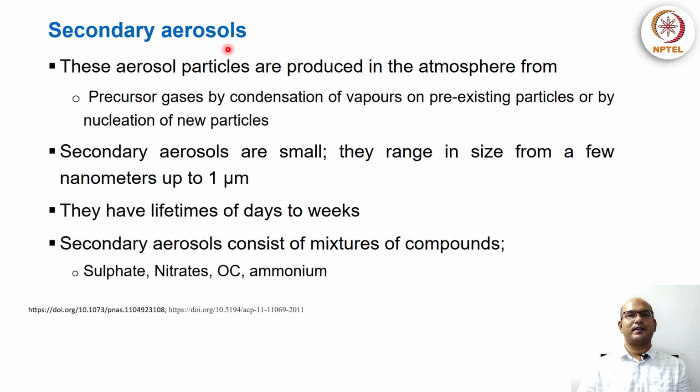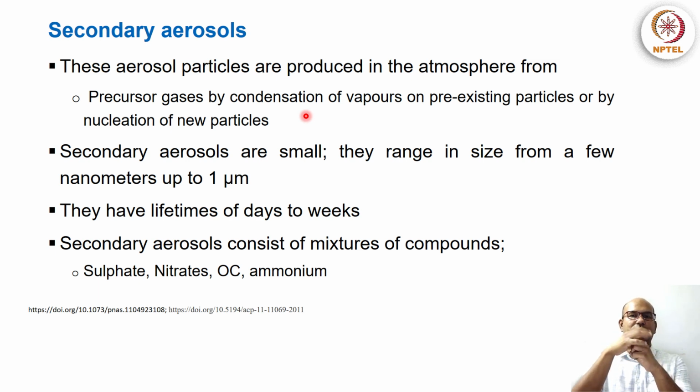Now we have secondary aerosols. These secondary aerosols are produced generally from precursors. They are produced in the atmosphere from precursor gases by condensation of vapors on some pre-existing particles. Those pre-existing particles serve as a nucleus around which the gases will condense, so of course the particle size will also increase.